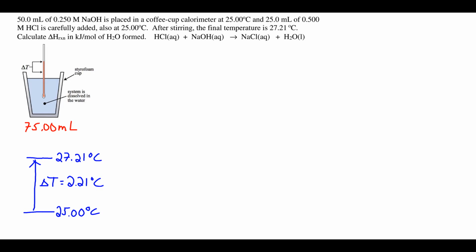The temperature of all of the solution, the 50 plus the 25, 75 milliliters of solution, increases by 2.21 degrees C. So we're going to use the first law to calculate the heat involved, the heat that's evolved by these reacting chemicals.